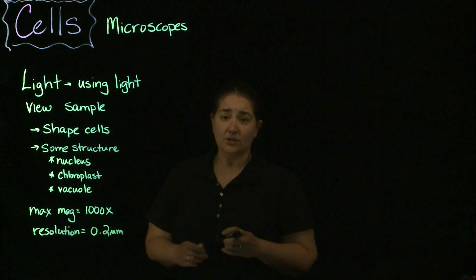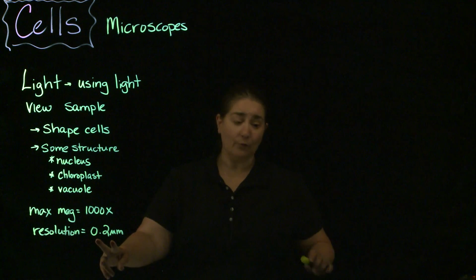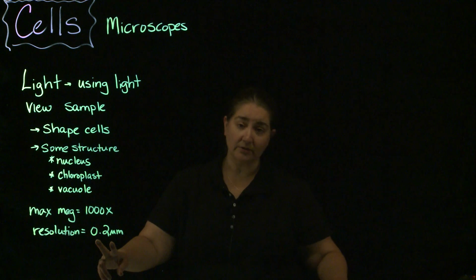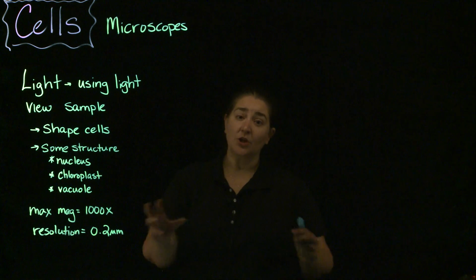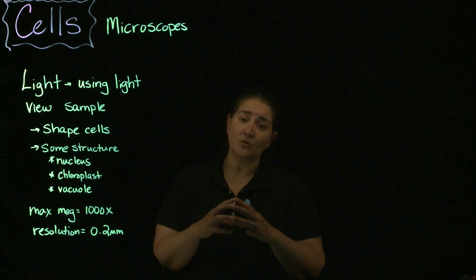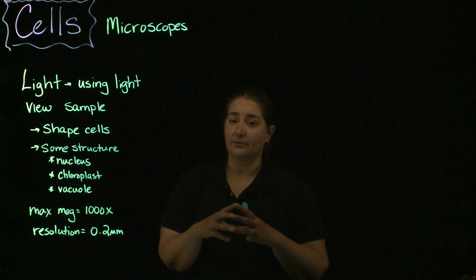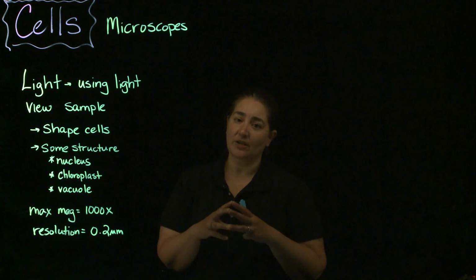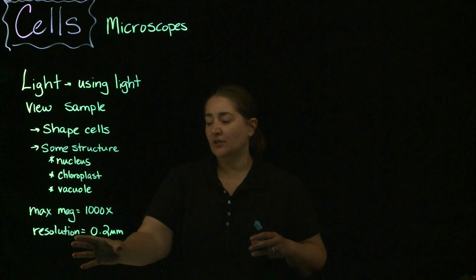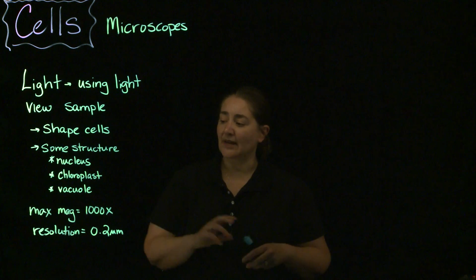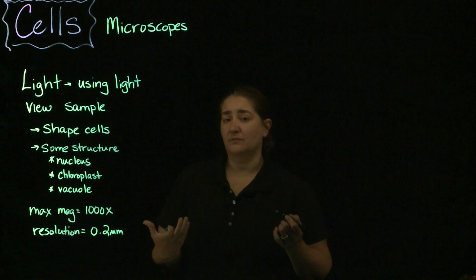All right? So if something is 0.1 micrometers apart using the light microscope, you're not going to be able to see those two structures as being different. You're going to see them kind of as one image. So our limit on resolution is about 0.2. Our max magnification is about 1,000. Okay?